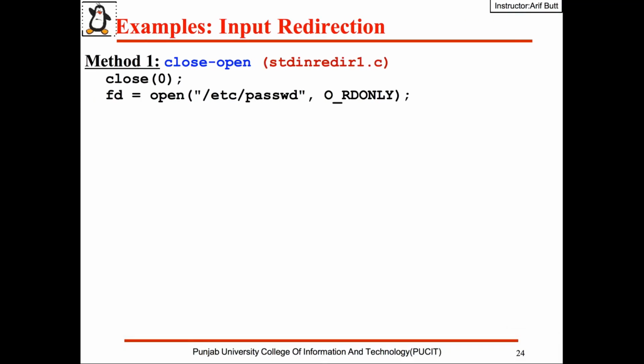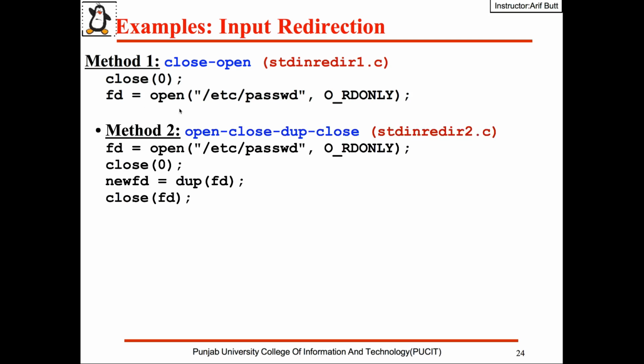Let's fall back to the slides again. This method 1 will not work if you have already opened a file. If you have opened a file before and later you want to do an input redirection, this method will not work. In that case, this is the method you should choose.